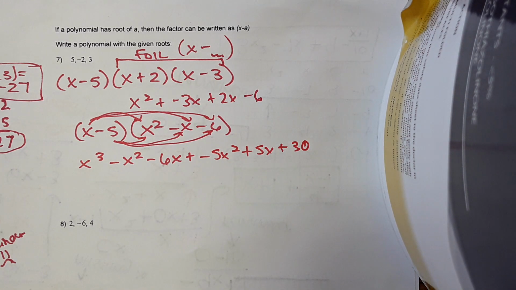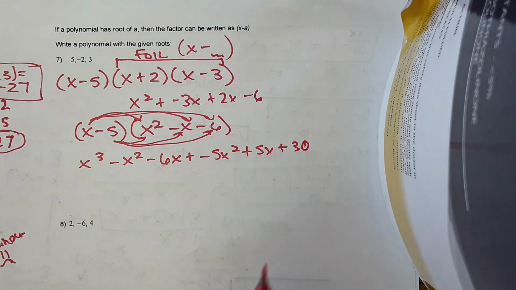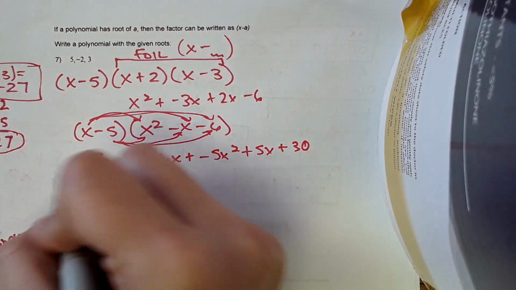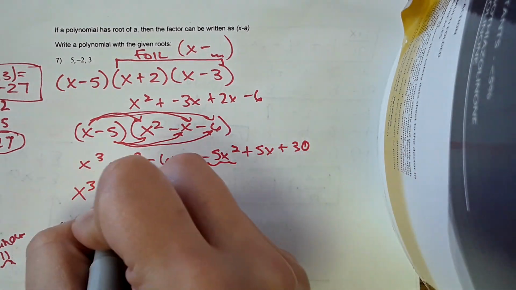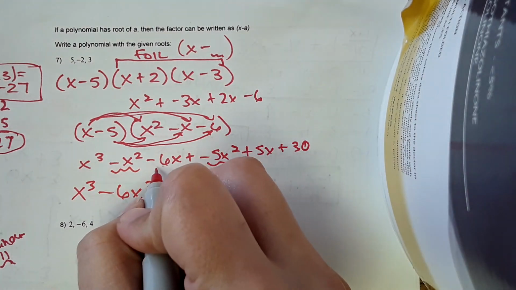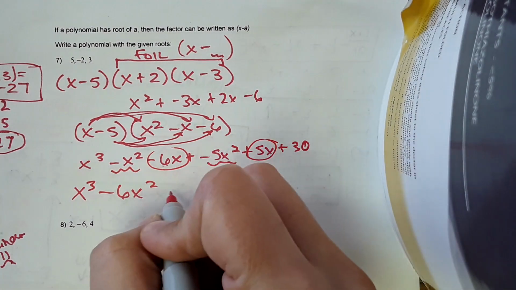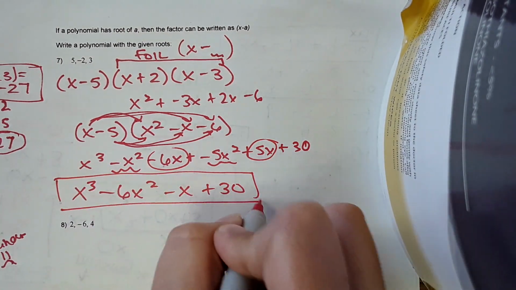Did I miss something? Okay, then combine like terms, so x cubed, negative 6x squared, and we're done.